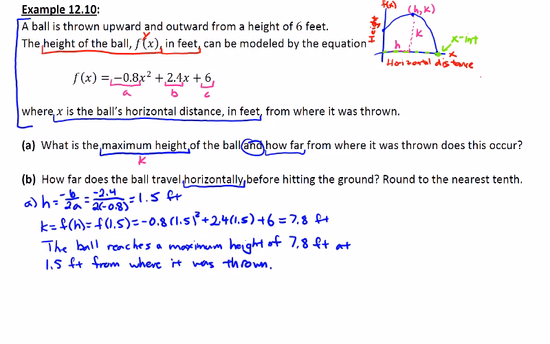To calculate the x-intercept, regardless of what type of function it is, you are always going to let the equation be equal to 0. When we do that, we will then have the statement 0 equals negative 0.8x squared plus 2.4x plus 6.